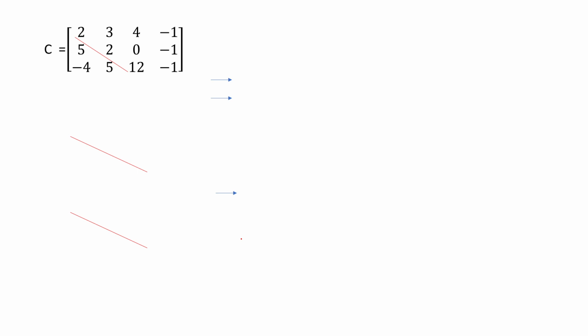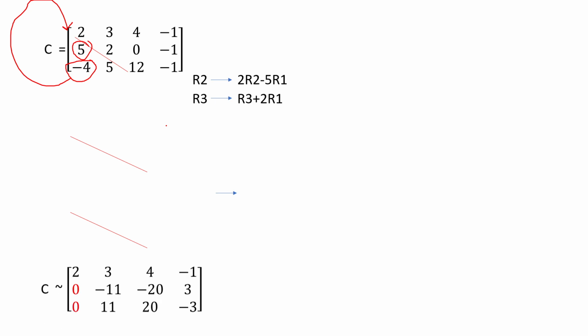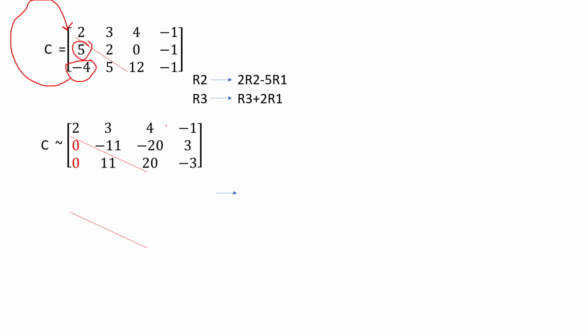The first thing I need to do is make 5 and -4 zeros using the diagonal element 2. For this, the operation I am going to use is R2 goes to 2R2 minus 5R1 and R3 goes to R3 plus 2R1. Yes, I succeeded in getting one of the steps of upper triangular form.